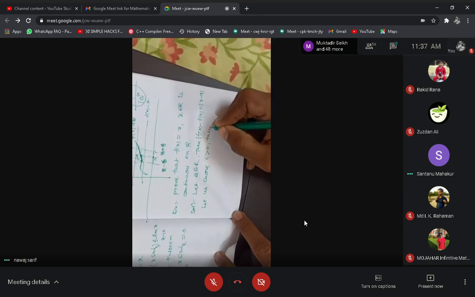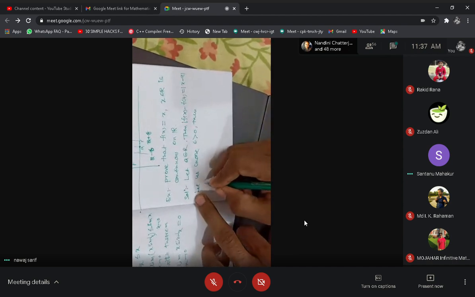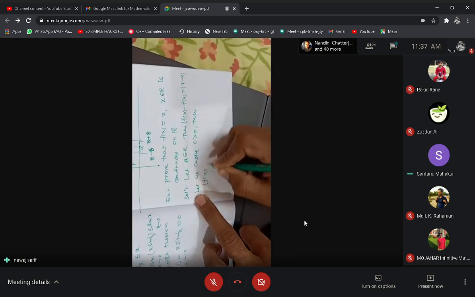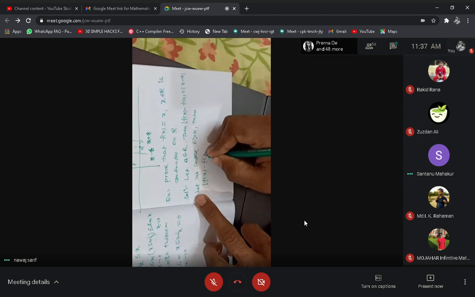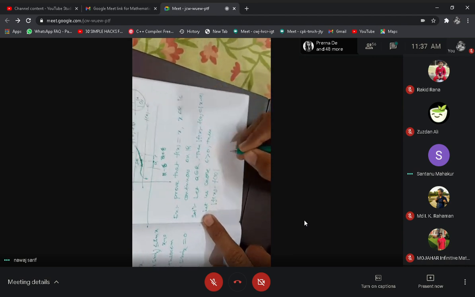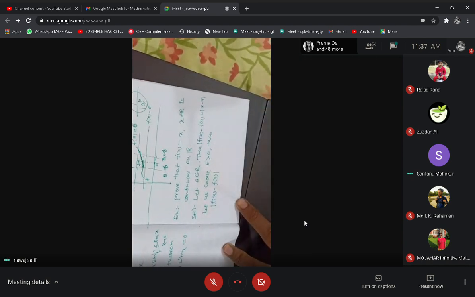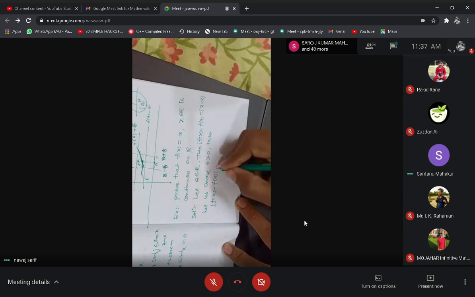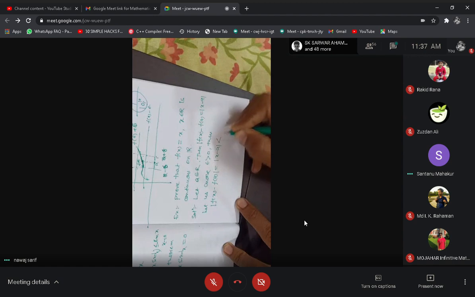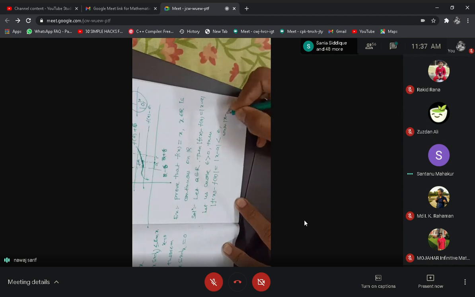Then mod of f(x) minus f of a equals mod of x minus a, which is less than epsilon when mod of x minus a is less than epsilon.